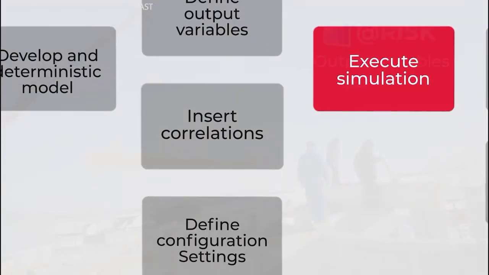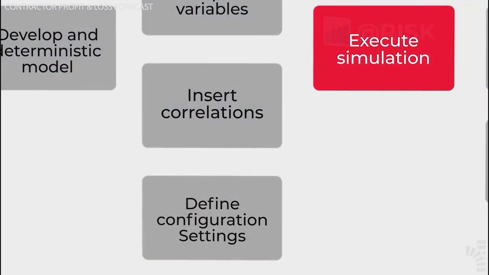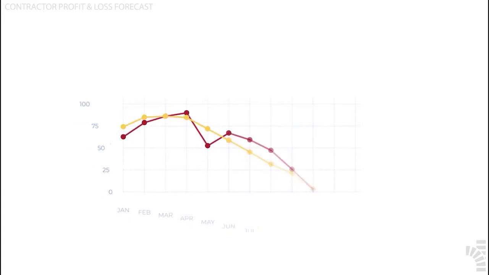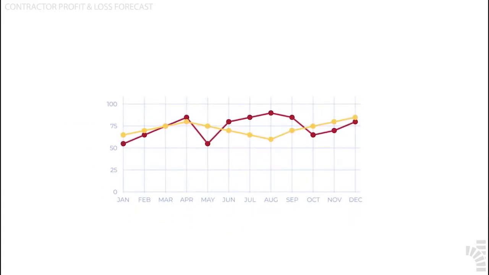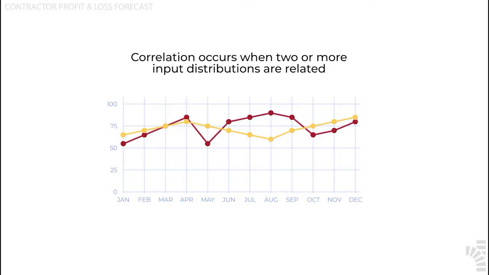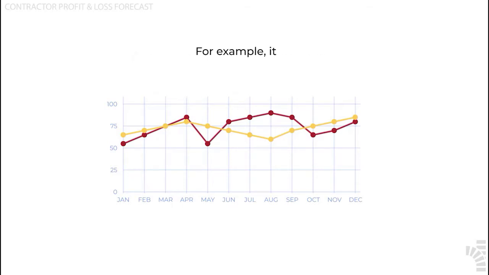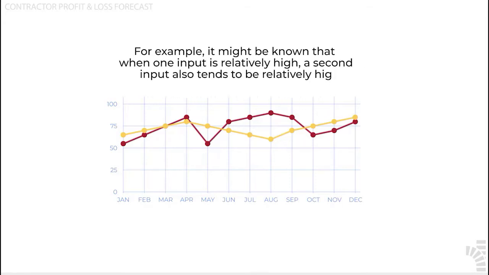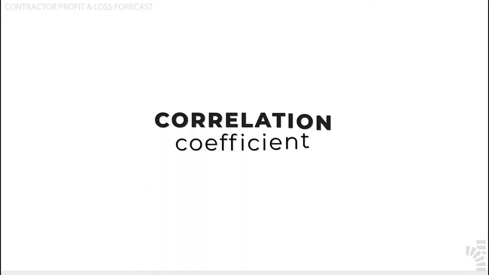4. If input variables have strong direct or inverted relationships to each other, it is important to include this optional yet dramatically relevant element on your model: correlations. In many situations, it is important to account for correlation between input variables. Correlation occurs when two or more input distributions are related. For example, it might be known that when one input is relatively high, a second input also tends to be relatively high.